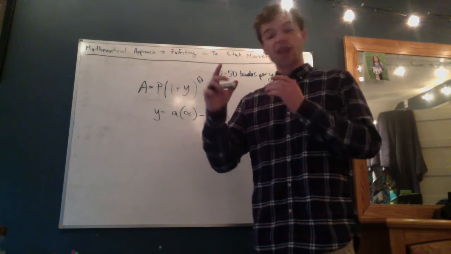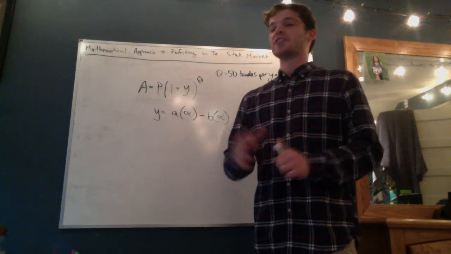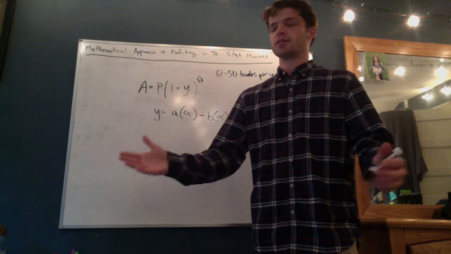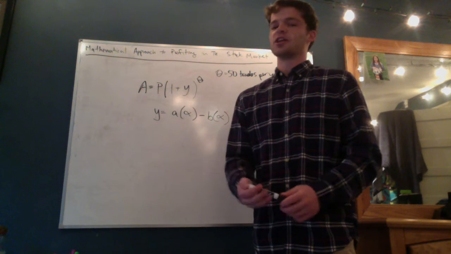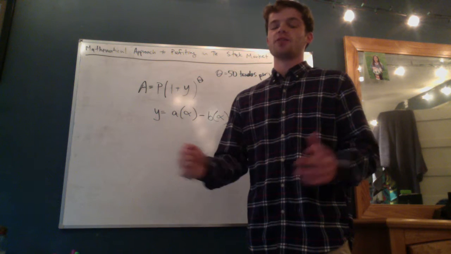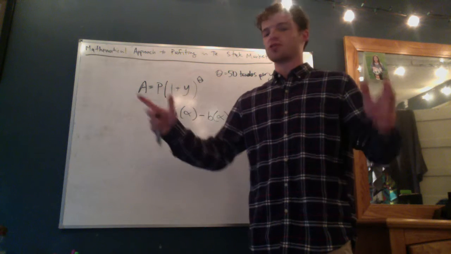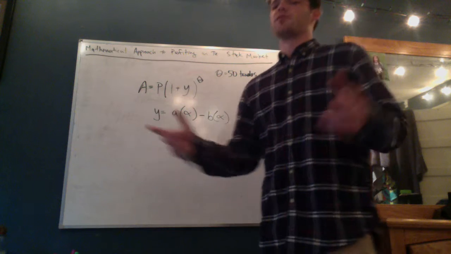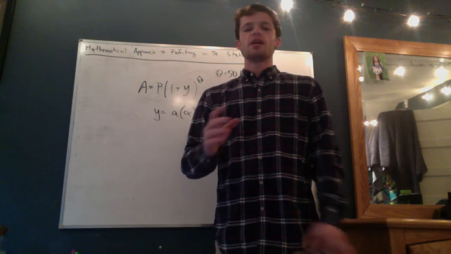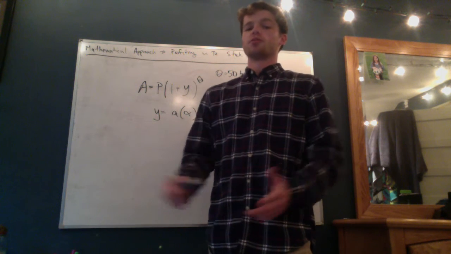I'm not getting every one right, and it's impossible. Even the best traders don't get every one right. It's too volatile, there are too many extenuating circumstances, and nobody can predict the future. So it would be impractical to think that you're going to get it right 100% of the time.